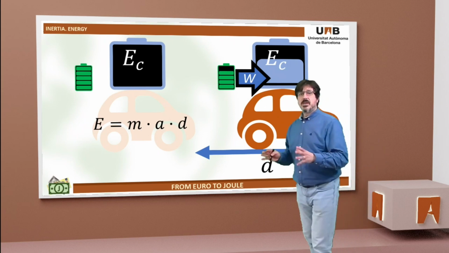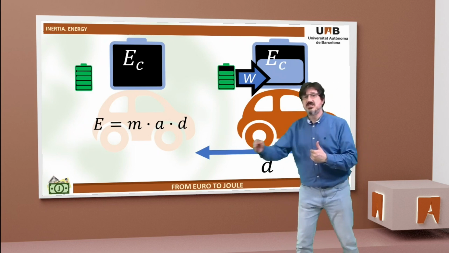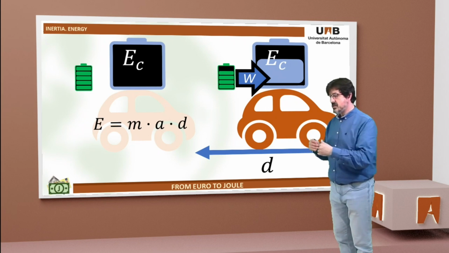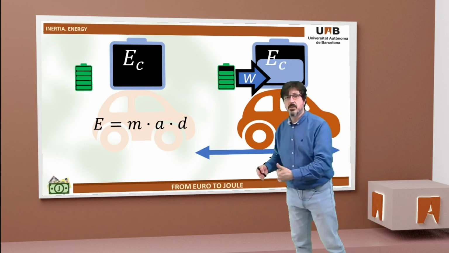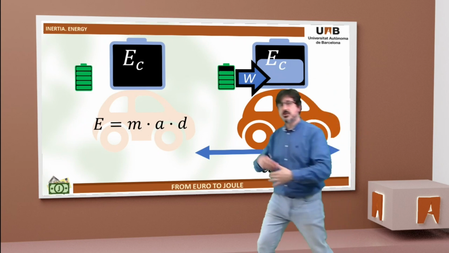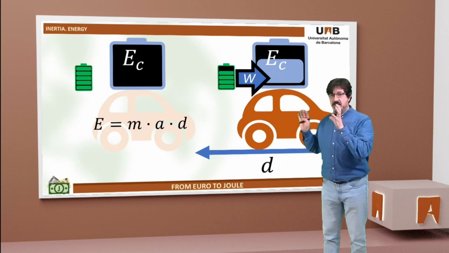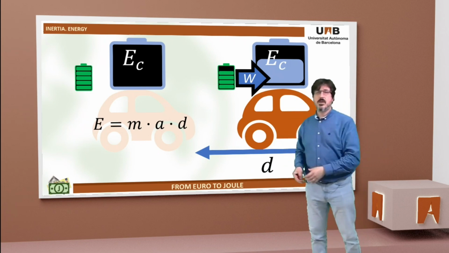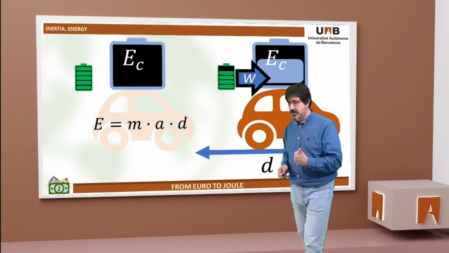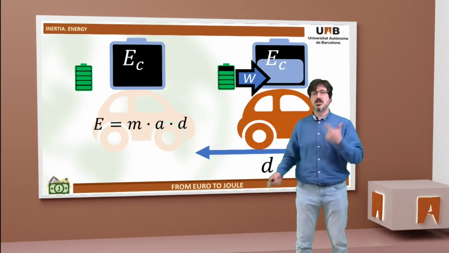As this force is required when we change the velocity, it is more important in the cities where we have traffic lights and crossings, and we have to stop and start to accelerate. So this inertia is very important when we drive inside our city. And it is important to remember that it's proportional to the mass and proportional to the acceleration.